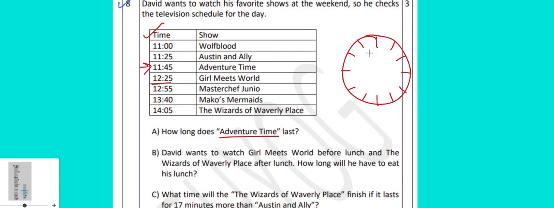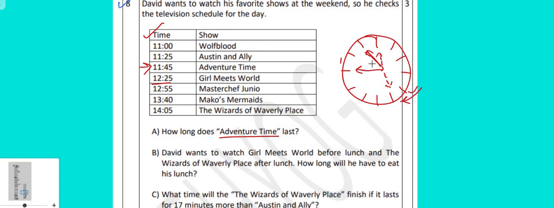So if the show starts at 11:45 right here, and if it continues till 12:25, so what is the time difference from here to here?